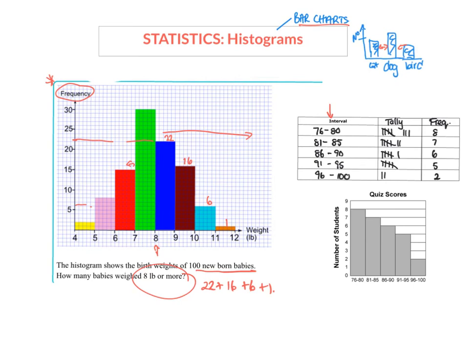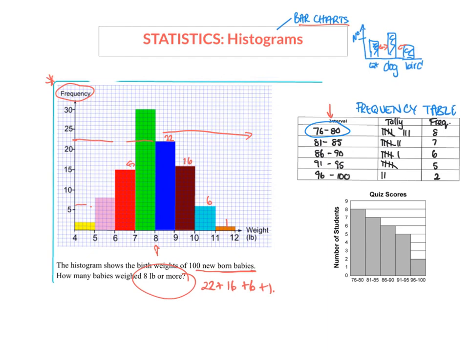What you're going to do is take your frequency table here and convert this data into a histogram. These were the intervals, and these were the number of students and their scores for the test.